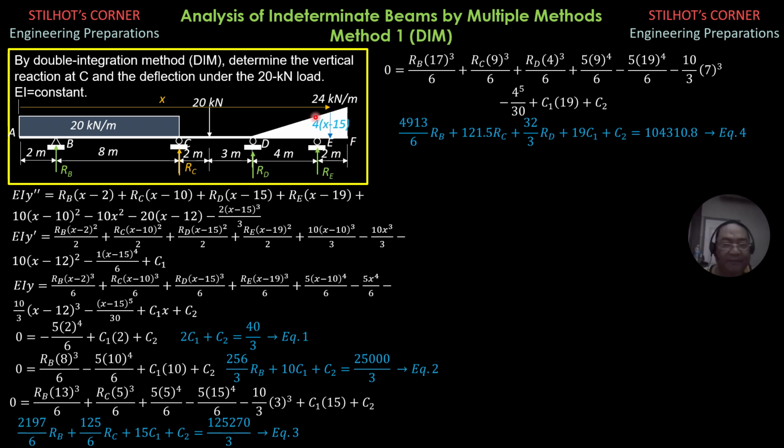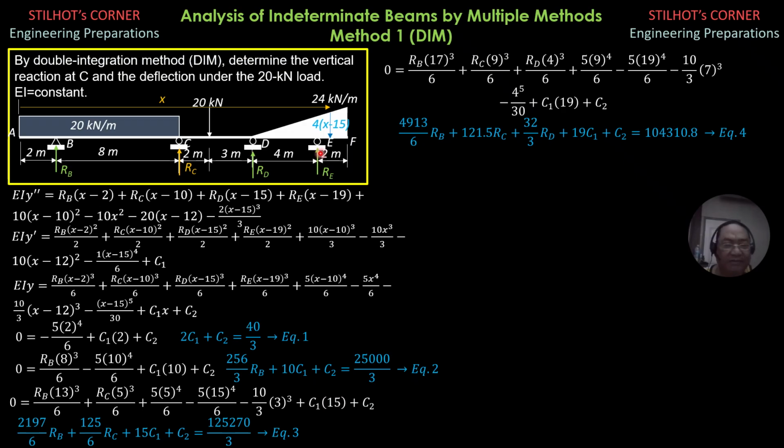So negative of quantity 16 times 2 times 1 minus the moment of the triangular load here, which is 1/2 of 2 times 8, where 8 kilonewton per meter is 24 minus 16, and moment arm is 2/3 of 2 or 4/3. And that is negative 128 over 3. You can check that. So negative 128 over 3 into this equation.